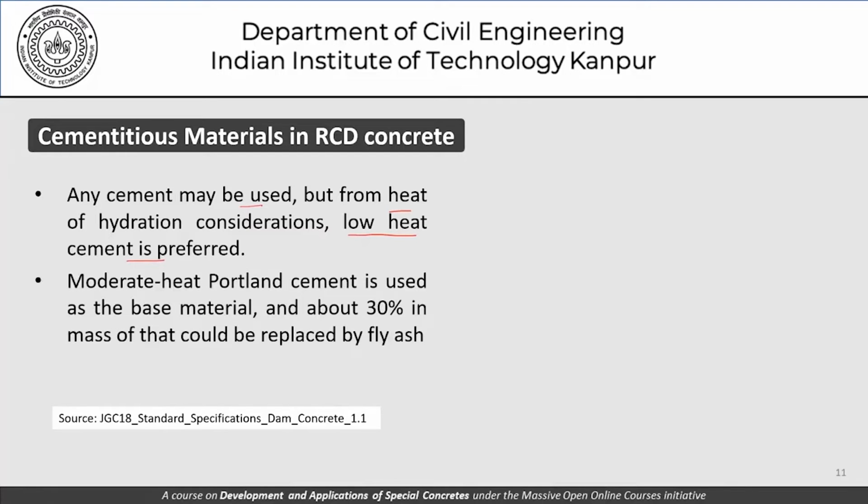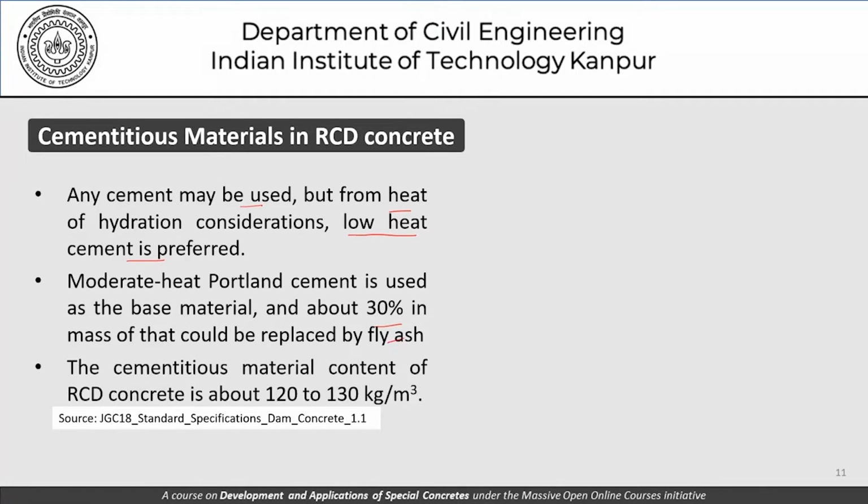Moderate heat Portland cement is used as the base material, and it could be replaced to the extent of about 30% by fly ash. The cementitious material content as far as RCD is concerned is about 120 to 130 kgs a cubic meter. This number is definitely lower than what we see in most of our reinforced concrete or even unreinforced concrete.